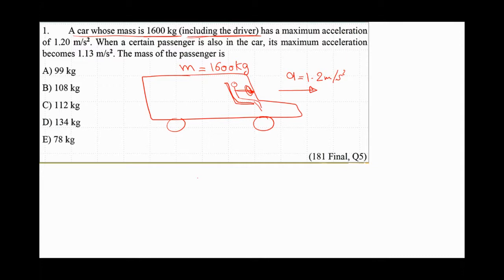Okay, so this is the case. So what will happen when a certain passenger is also in the car? If there is a passenger in this taxi or in this car, another passenger here, we will add him to the car. He will ride in this car.